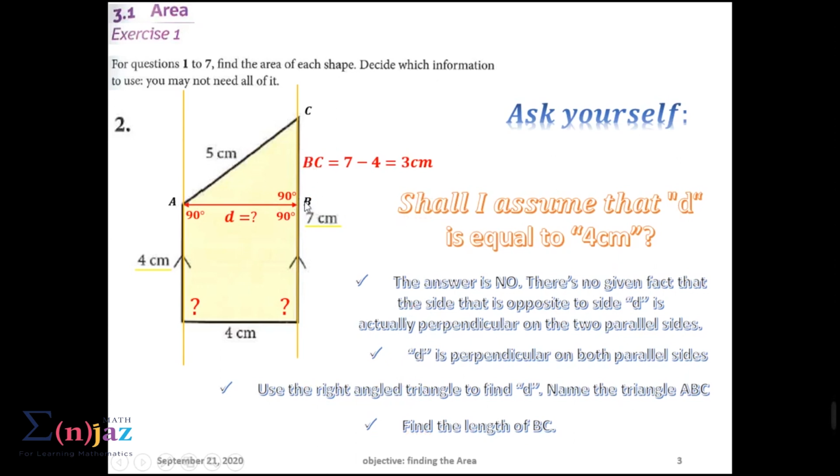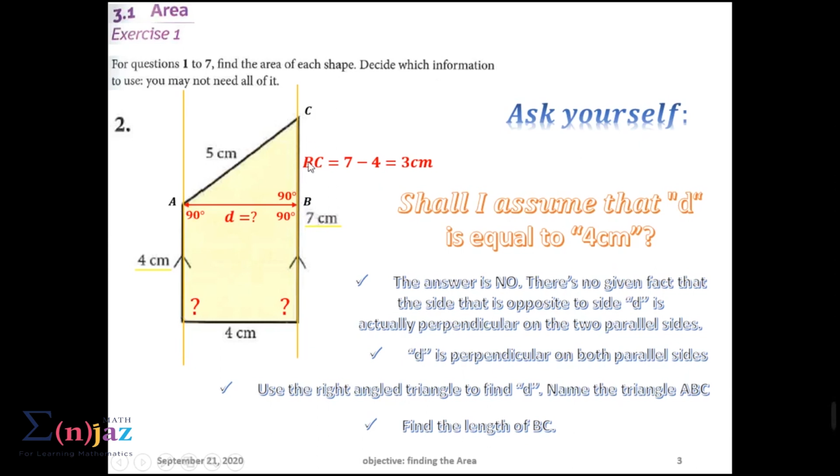And how did we find BC? If the first parallel side is 7 and the second parallel side is 4, and I drew this perpendicular from this point, then BC is equal to 7 minus 4, because 7 is the total length and 4 is part of the total length.